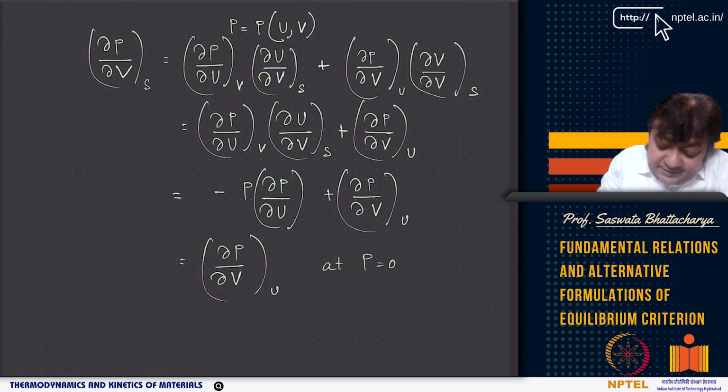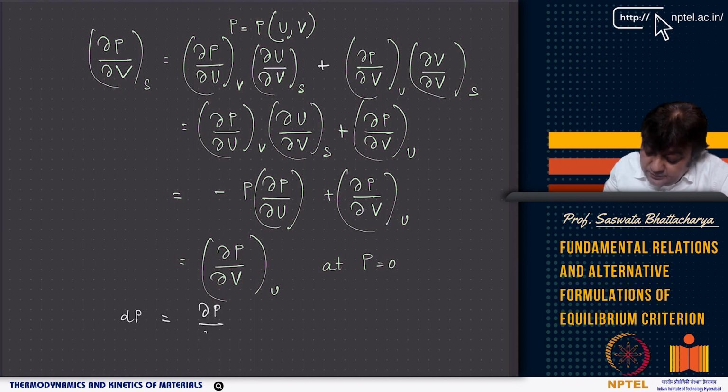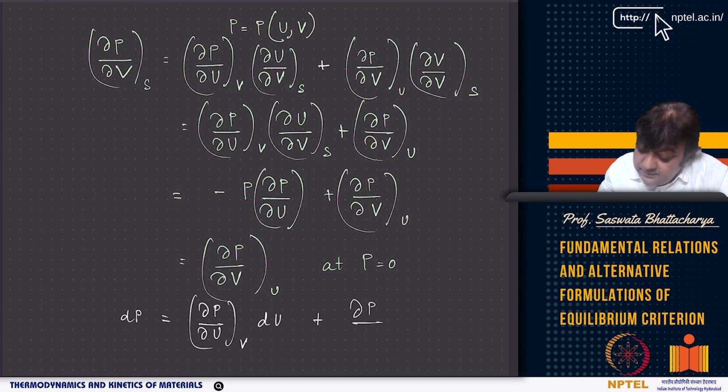So what I am writing here is dP equals ∂P/∂U at V times dU plus ∂P/∂V at U times dV, right?